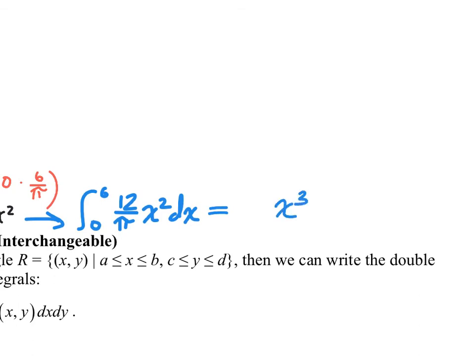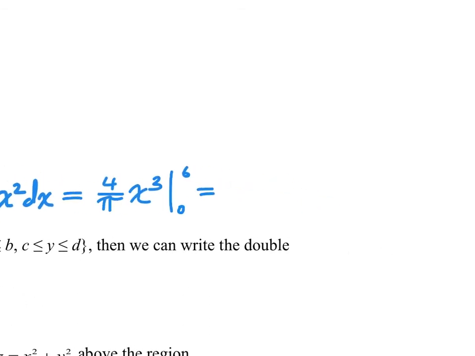So x to the third, we're dividing by 3, so 4 over pi over the interval of 0 to 6. So we're looking at 6 cubed, which from my experience in statistics is 216, times 4.